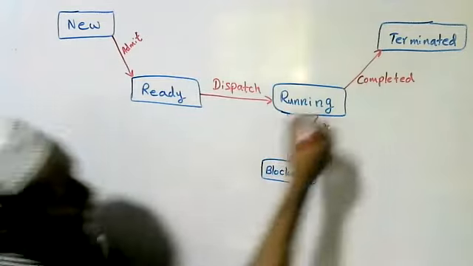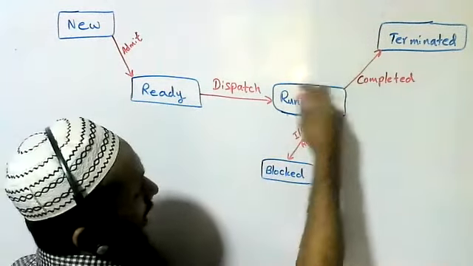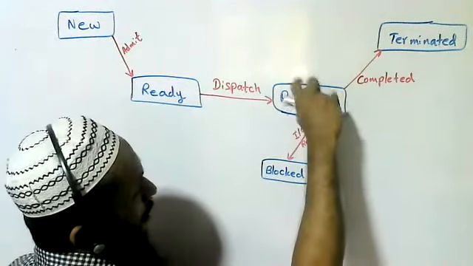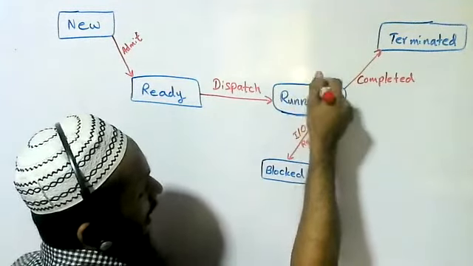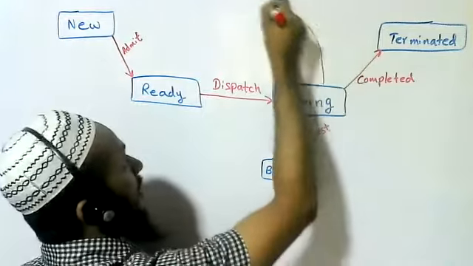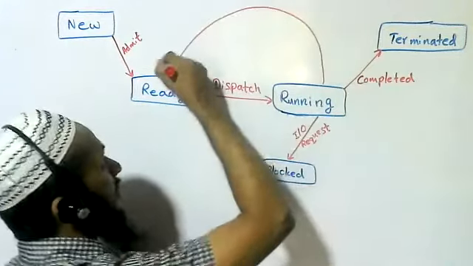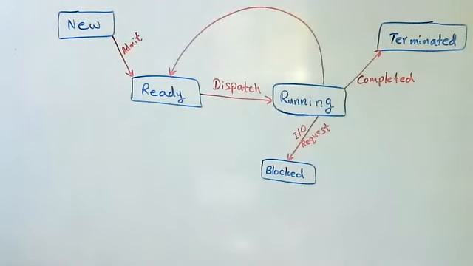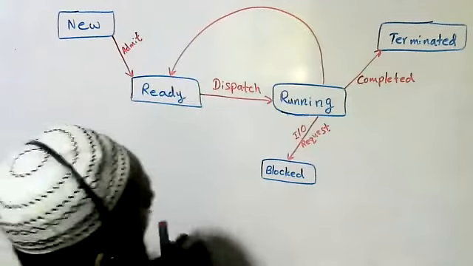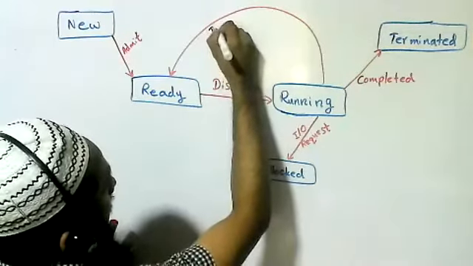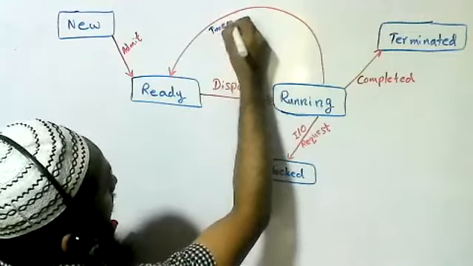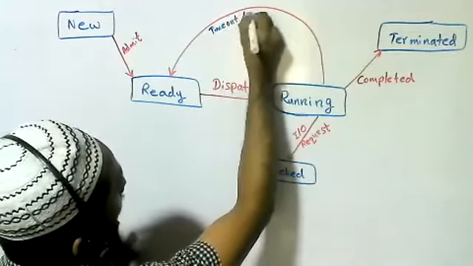And even a running process, that means execution of a process, can be stopped and it can be sent to ready queue again. Actually this is called context switching. I'll explain context switching later on. And this is because of timeout and priority based.